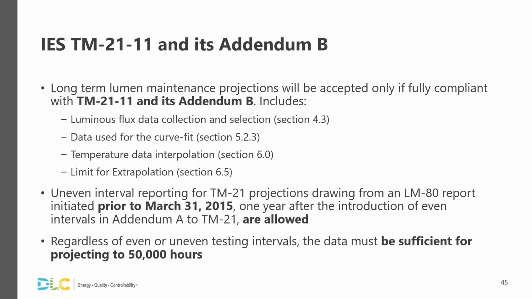This is 1 year after the introduction of even intervals in Addendum A to TM21. So again, to be clear, uneven testing intervals are allowed as long as that testing was initiated prior to that date, March 31, 2015. And these cases should use the 2016 version of the Energy Star TM21 calculator.